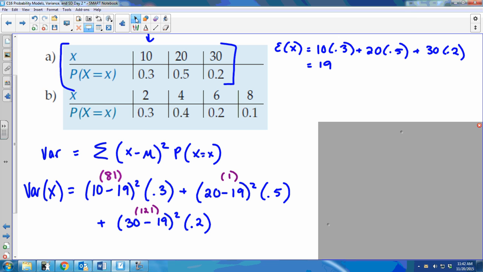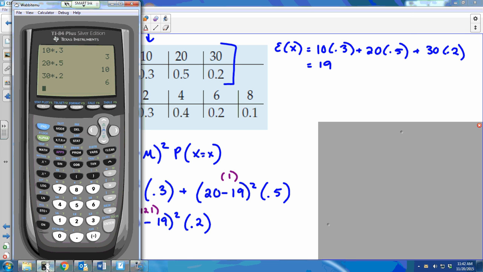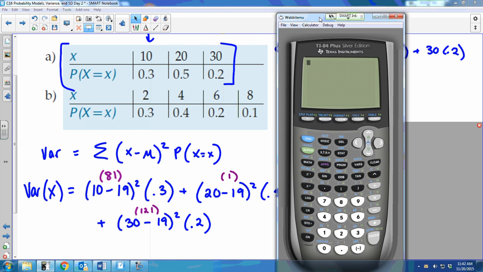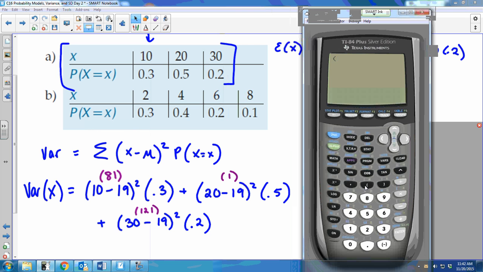That'll just make this easier for me to type into my calculator. So we have 81 times 0.3 plus 1 times 0.5, plus 121 times 0.2. We get 49, right?